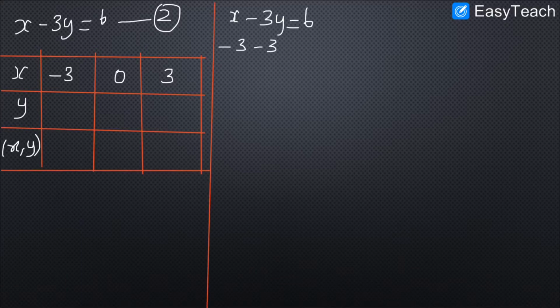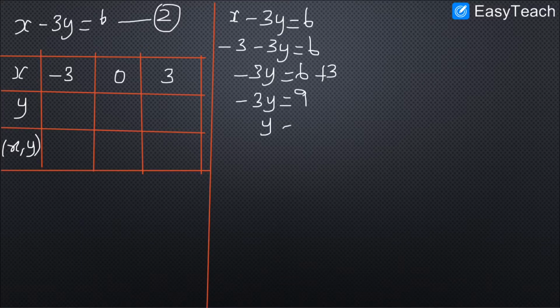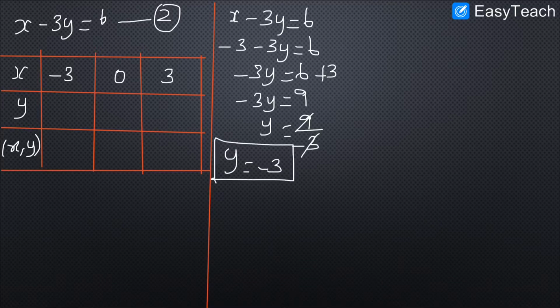First I substitute the value minus 3 for x. I get minus 3y equals 6 plus 3, so minus 3y equals 9 and y equals 9 by minus 3. I get y equals minus 3.